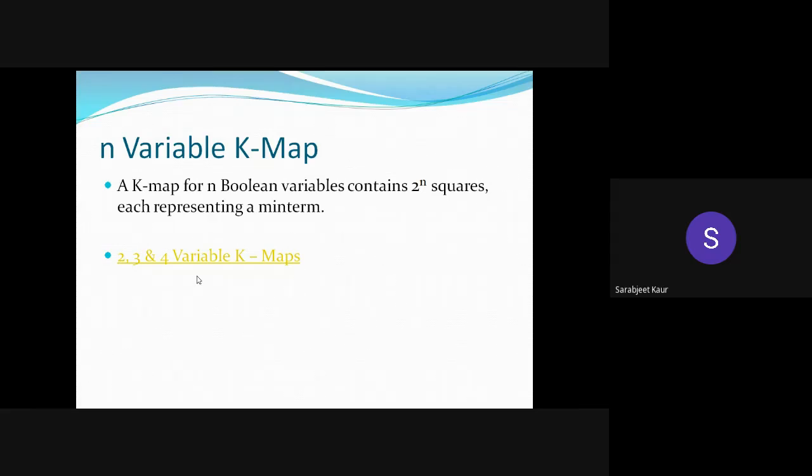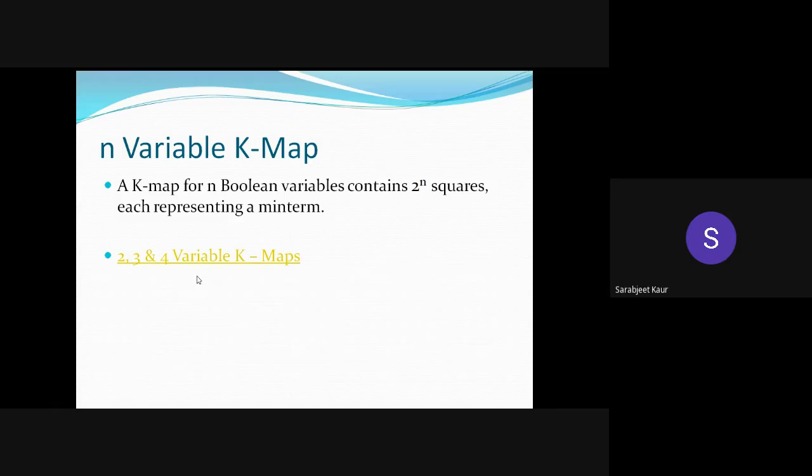We will also see how to use a K-map to obtain a reduced POS expression. In that case, each square will represent a maxterm. But the most general definition says each square represents a minterm, because generally we are working with the SOP forms.